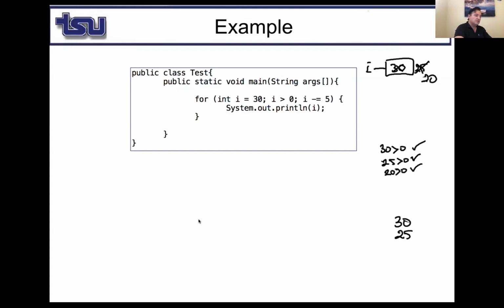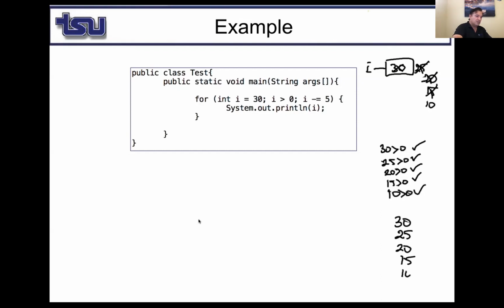This time, the condition is 20 bigger than 0. This is correct. Then I'm going to print 20, and do the update, decrease I by 5. This becomes 15, and the condition becomes 15 bigger than 0. This is also true. Then I will print 15. This will become 10, and the condition is 10 bigger than 0, which is true.